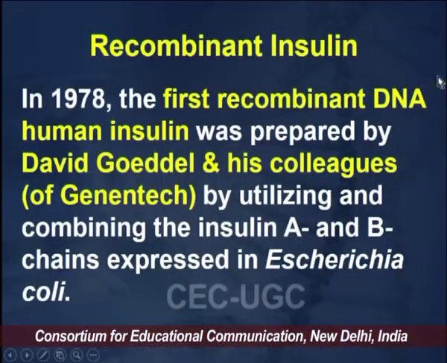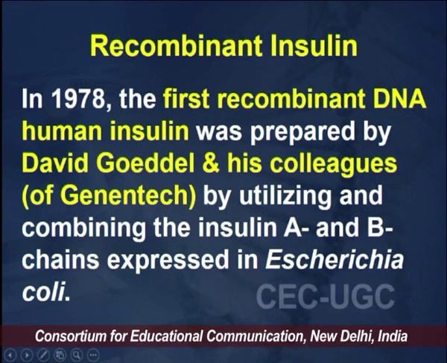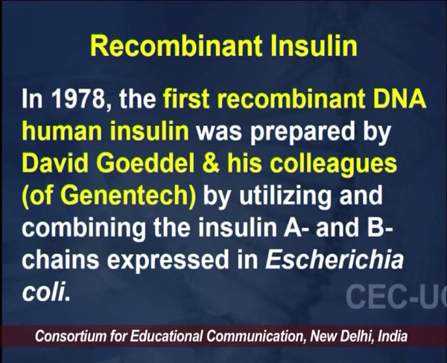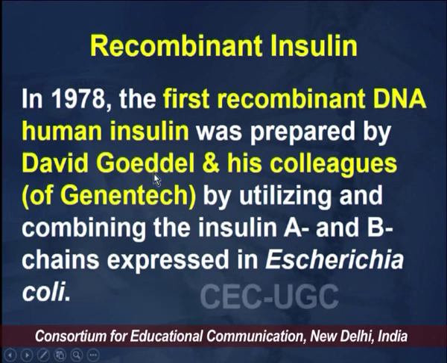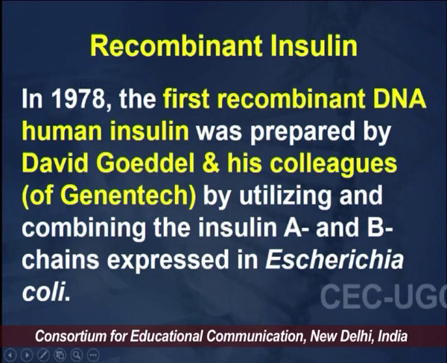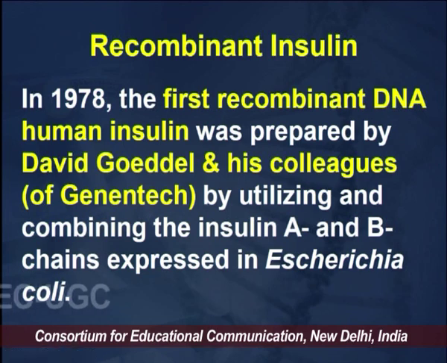In 1978, the first recombinant DNA human insulin was prepared by David Goeddel and his colleagues at Genentech. This was a biotechnology company where the investigator and his colleagues produced the first recombinant DNA human insulin in bacteria. We have talked about recombinant DNA technology.